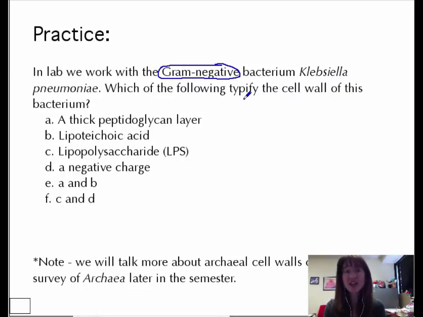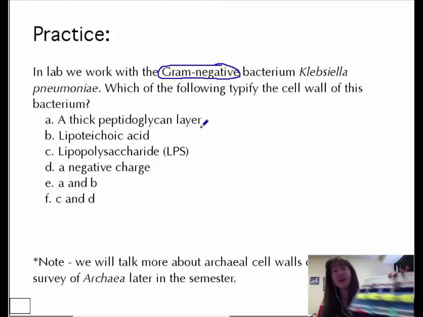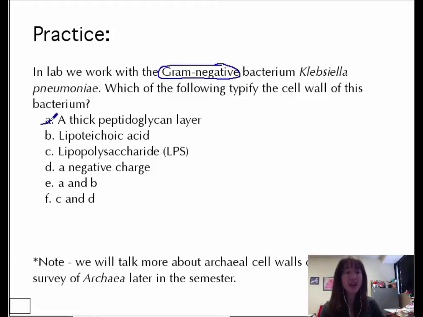But first, let's just think about answer A and whether or not it would have a thick layer of peptidoglycan. Well, remember that that wouldn't be true because it would have just a thin layer. So remember the very thin layer of peptidoglycan there. So we can cross off A. Lipoteichoic acid, that can be crossed off as well.